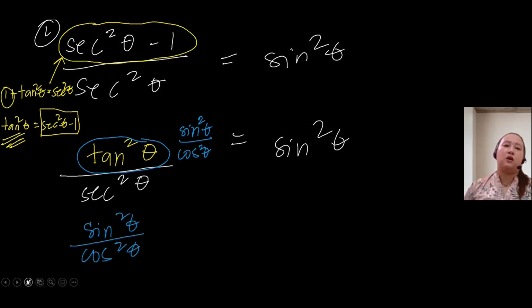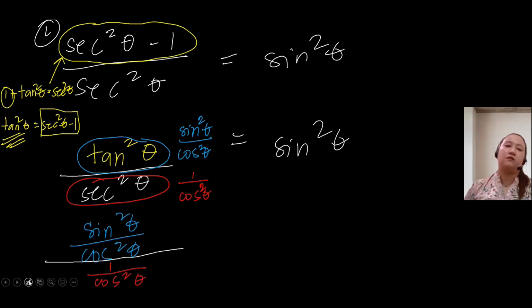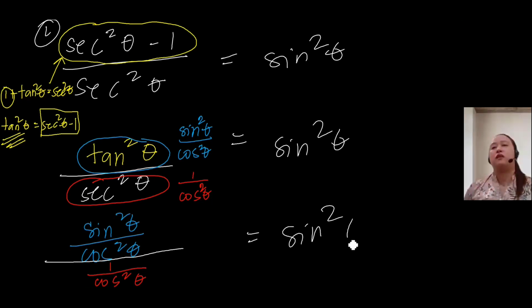And then the denominator, secant squared theta, is equivalent to 1 over cosine theta, and since we have 2, we're just going to put the power of 2. So we have denominator of 1 over cosine squared theta equals to sine squared theta.